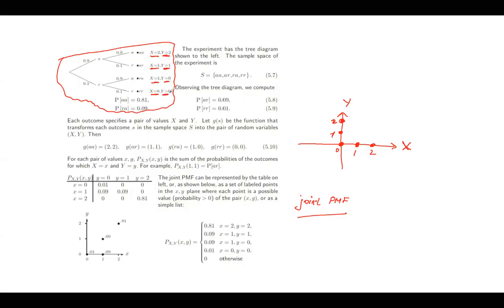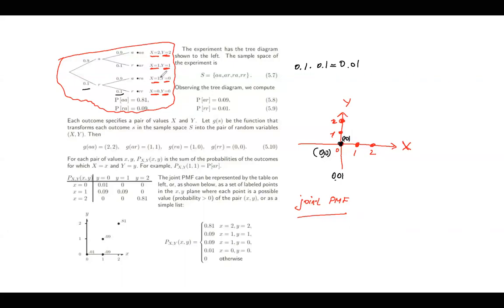For example, 0, 0. What is the probability of 0, 0? The probability of 0, 0 is going to be 0.1 times 0.1, which is 0.01. So this is 0.01.